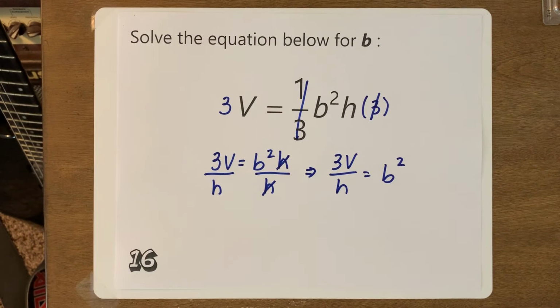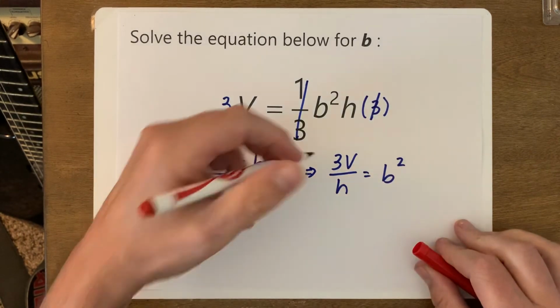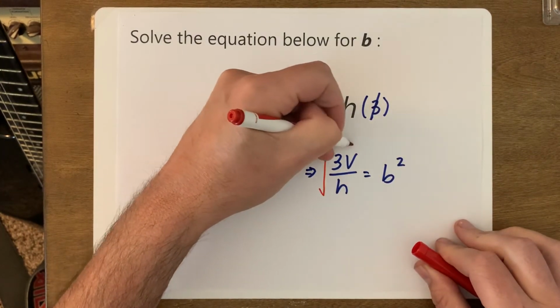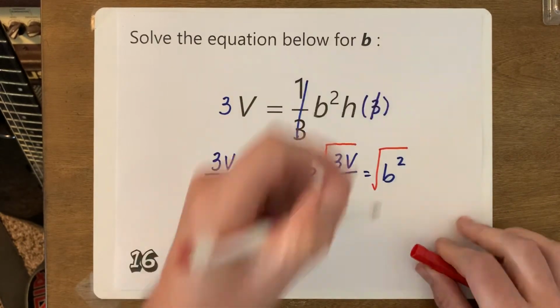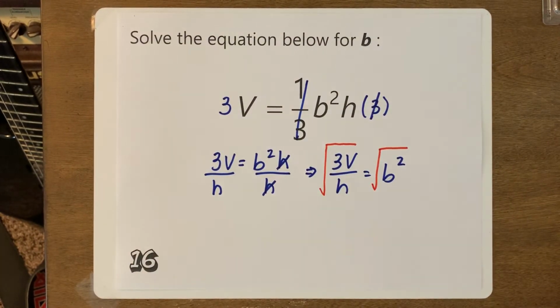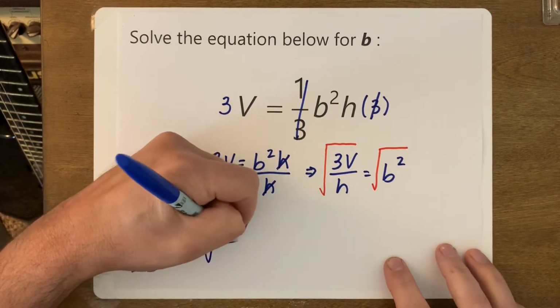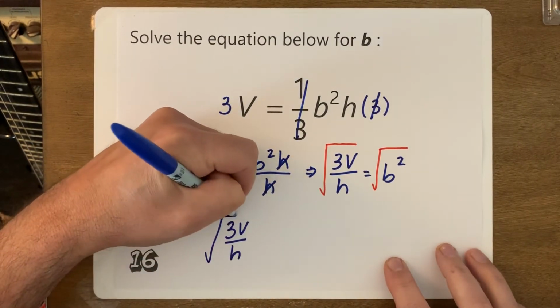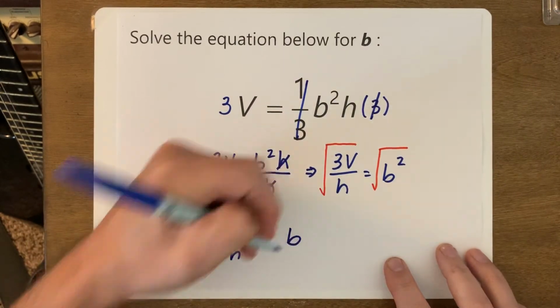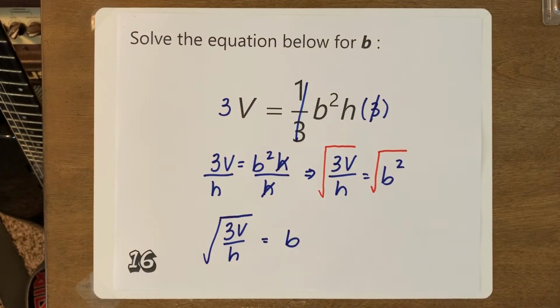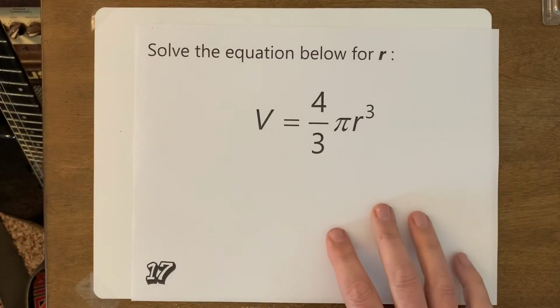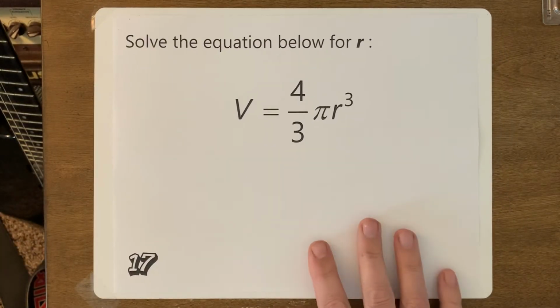So we still need to get rid of that square by taking the square root of both sides, like that. Now we have the square root of 3v over h, all of that equal to just plain old b right there.